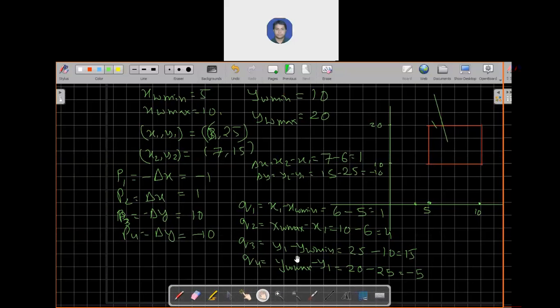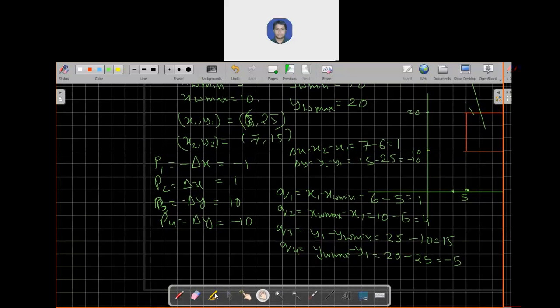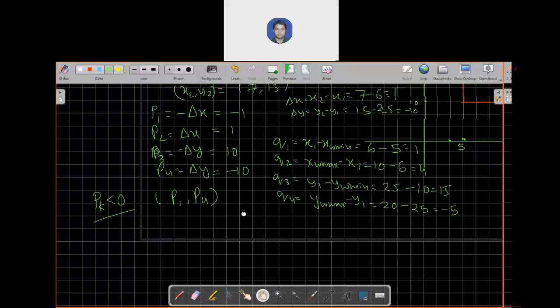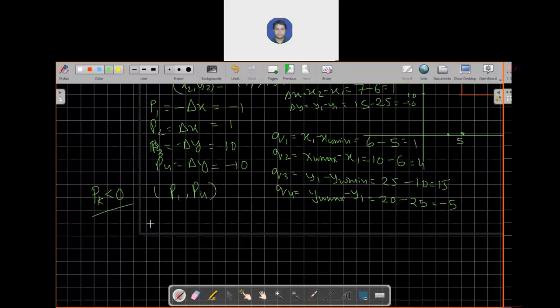So pk is less than 0 for p1 and p4. Find the value of t1. t1 is the max of 0 and qk upon pk.